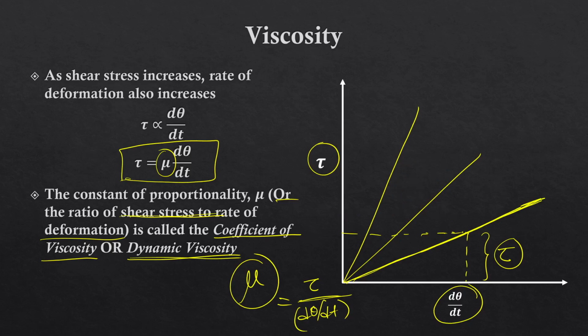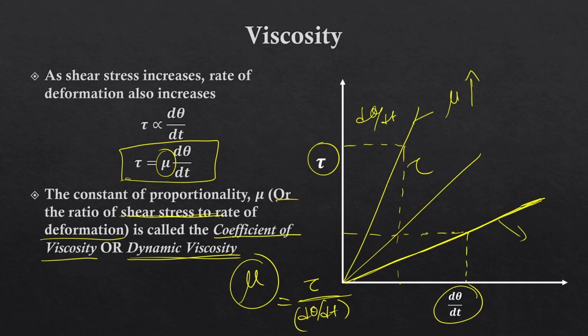The bigger the slope, bigger the viscosity. For example, for this curve, tau is greater and d theta by dt is smaller, and therefore mu will be greater.